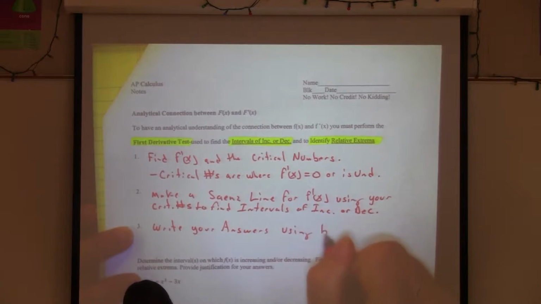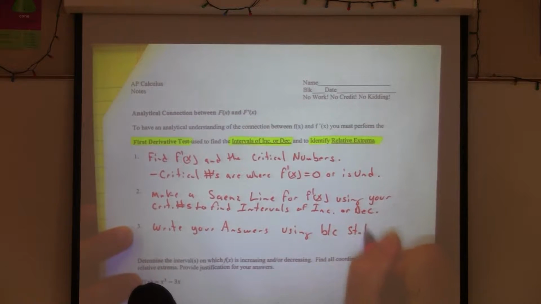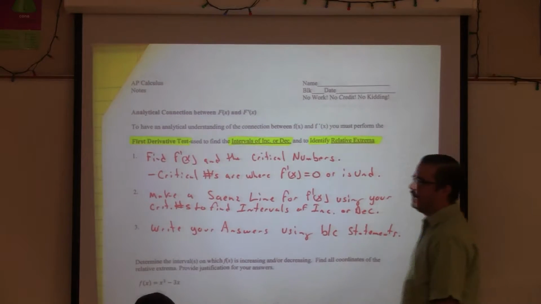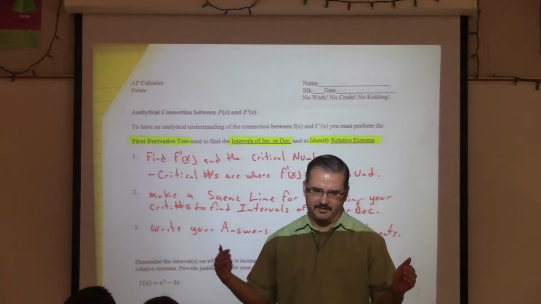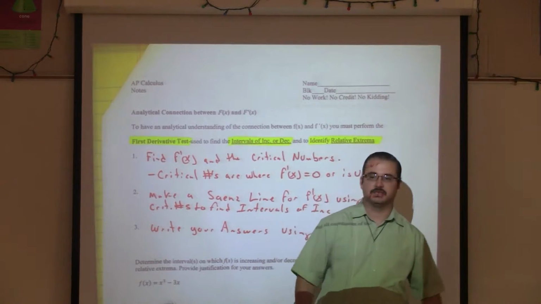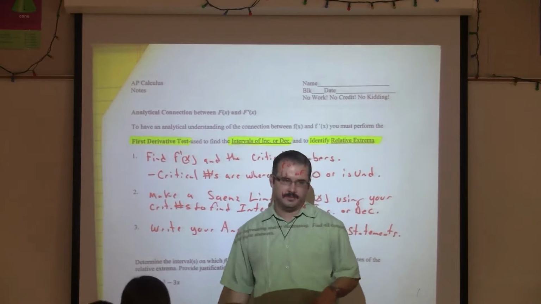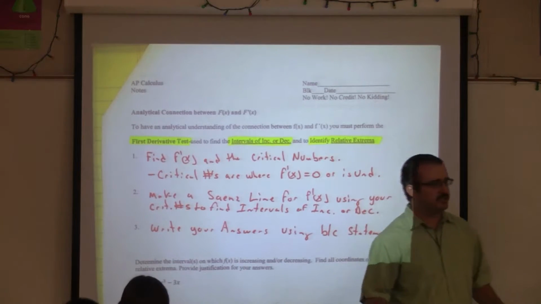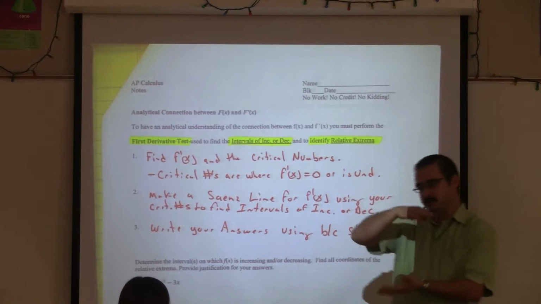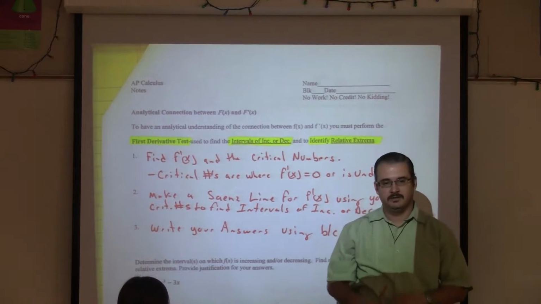And the last thing is to write your answers using because statements. So for example, if you tell me that the function is increasing on this particular interval, you have to write because what? Because the derivative is positive, right? Or if you don't want to write all those words, you could say because f prime of x is greater than 0.